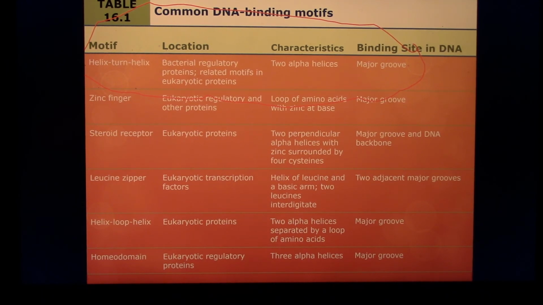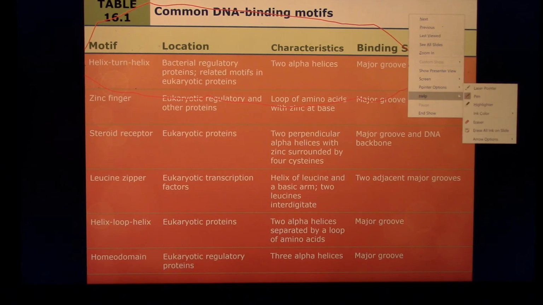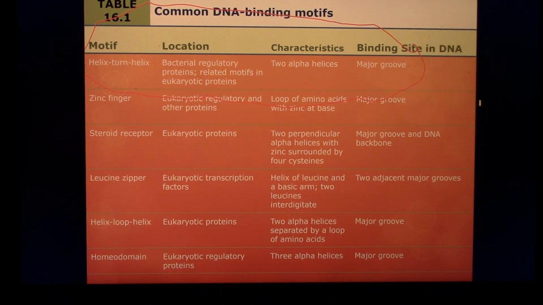Helix, turn, helix are the only type of DNA binding motifs that we're going to find in bacterial cells. All the others, you can also find them in eukaryotic cells, but all the other types of motifs on this table are found not in bacterial cells, but in the other type of cell, the eukaryotes. Go back into my highlighter pointer.